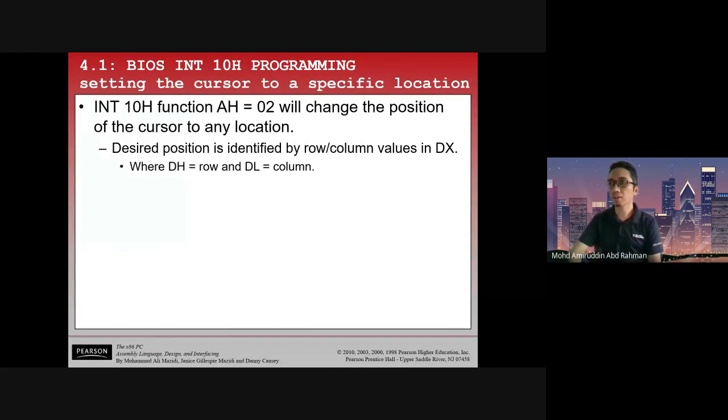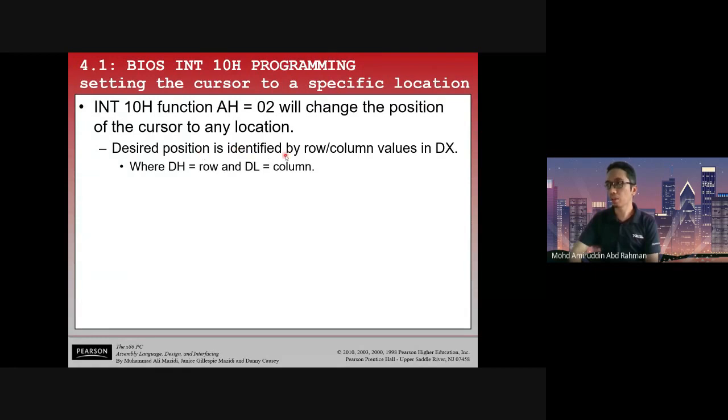Okay, in order to change the position of the cursor, let's say we want to have a starting point where the cursor should be on the screen. We change that using AH.